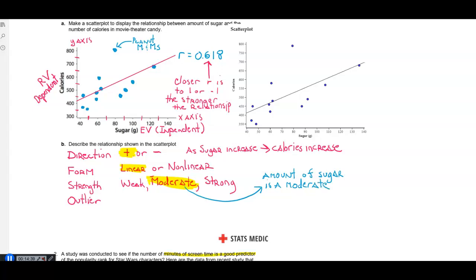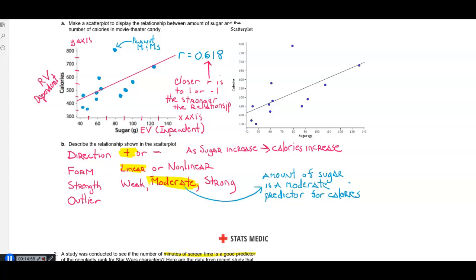I was kind of surprised. It is a moderate predictor for calories. So it's not just sugar.